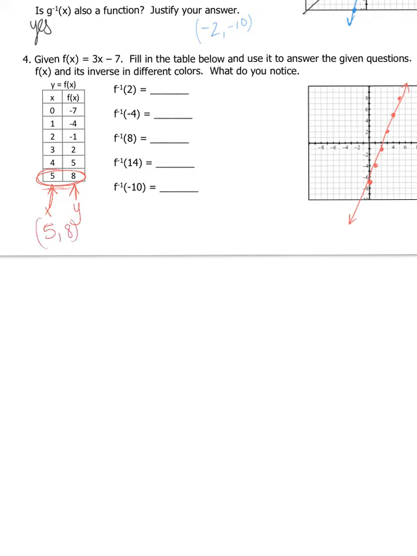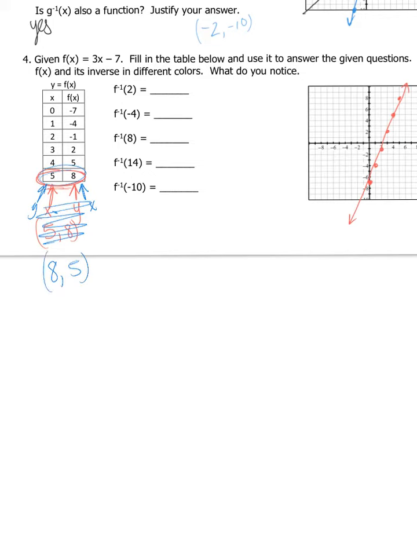Which means just go +5 in the x direction and then +8 in the y direction. So now we're going to switch it up and we're going to be working with the inverse. So if I were to do that, I'm going to switch the x and the y. So now this column is going to be my x's and this column is going to be my y's. That same point there is now going to be 8, 5.